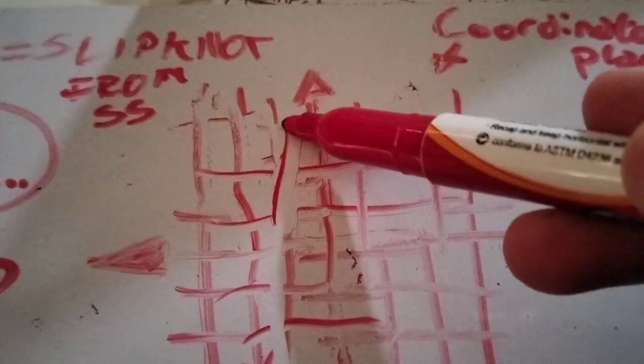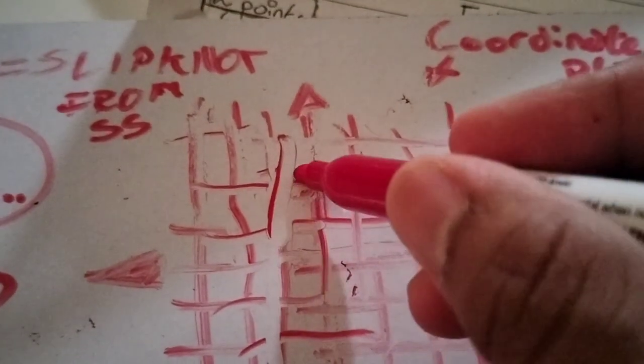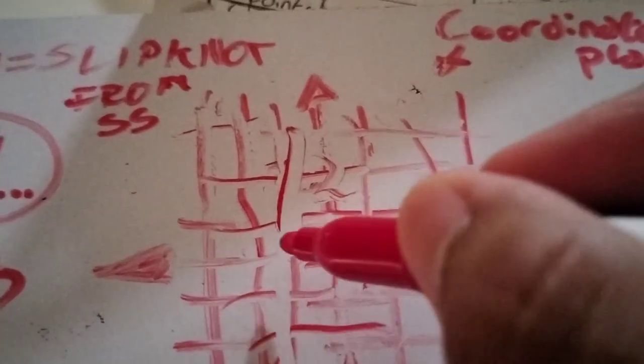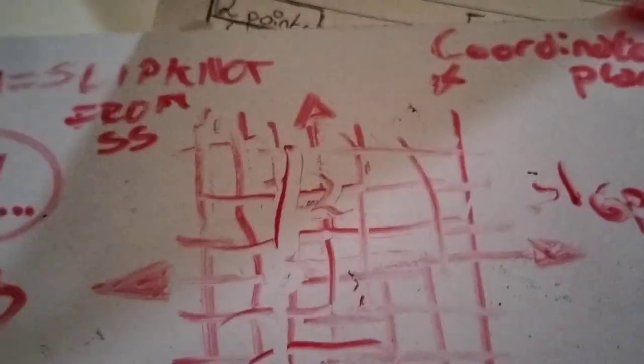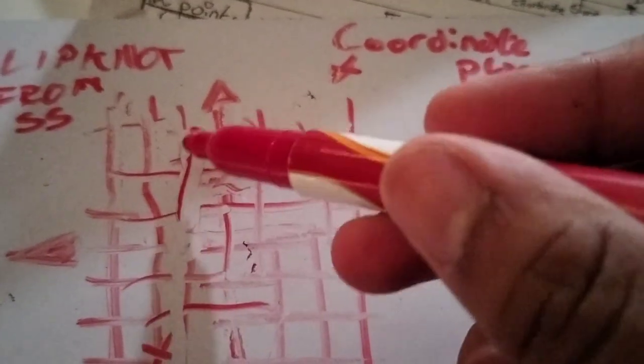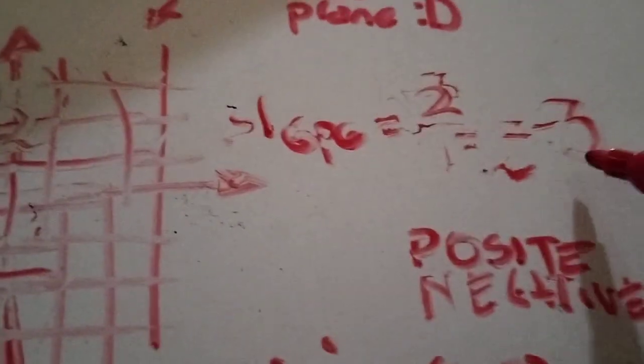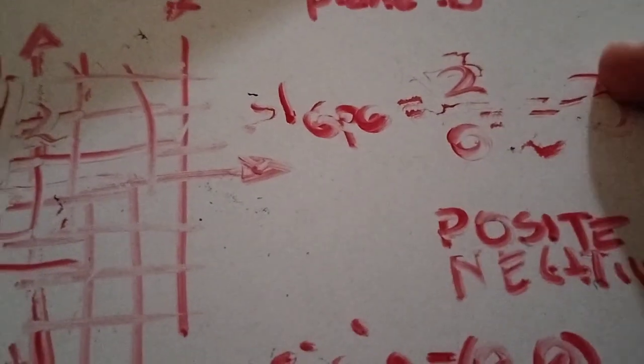It goes up 2. It goes left and right 0. Now that 0 part is interesting, because if we put that in our equation, the amount it goes up would be 2, and the change in x would be 0.